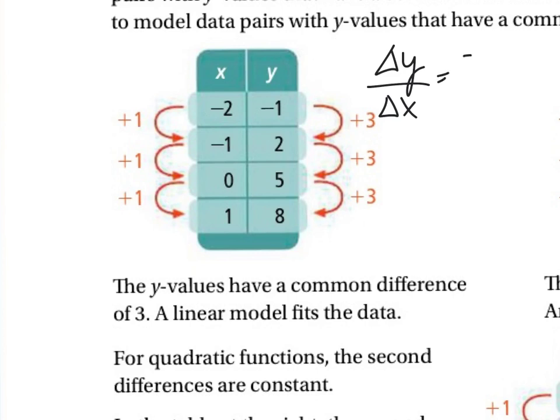Change in y, change in x is always the same. The slope is always the same, and so this would be linear. Okay, so anytime if it's linear, we're going to have a common difference, which means we have a constant slope.